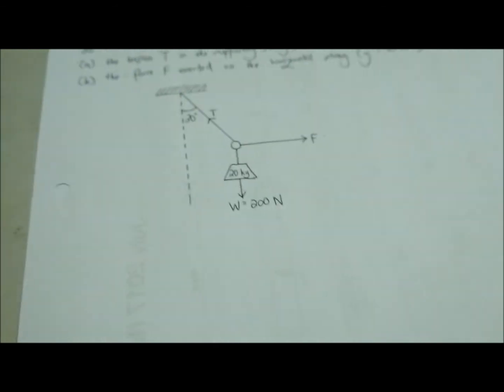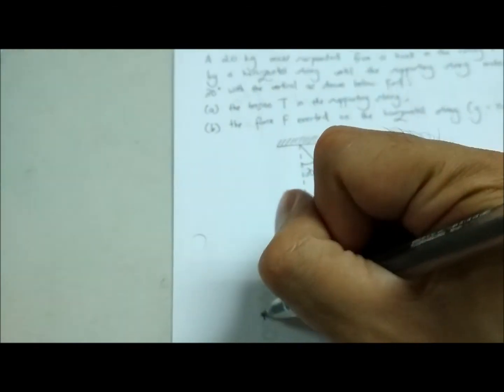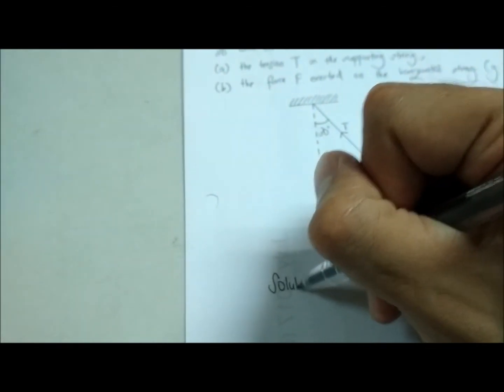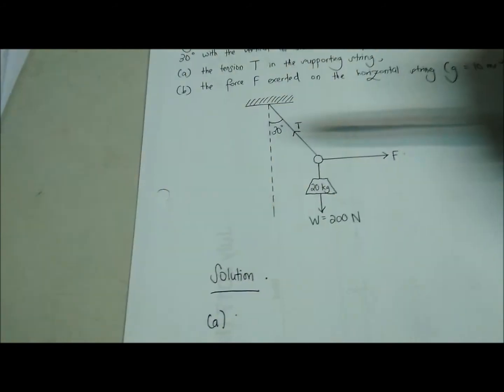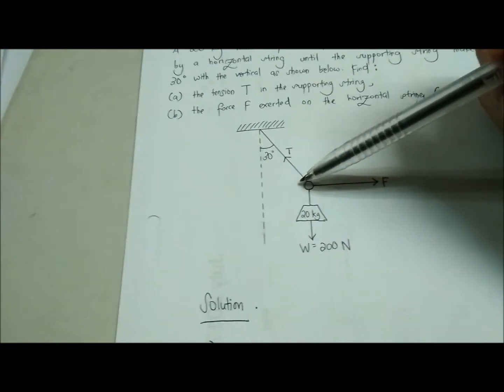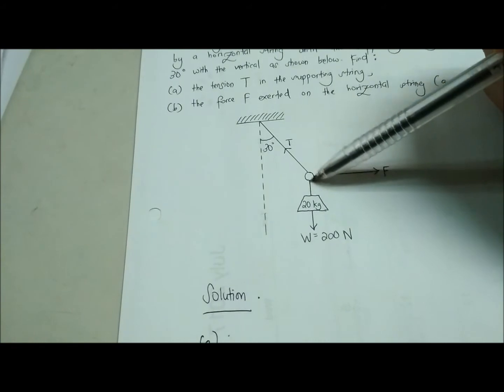Now, the first thing that we need to do is to form the closed triangle. Solution, A. Okay, where is the point? The center point is here.